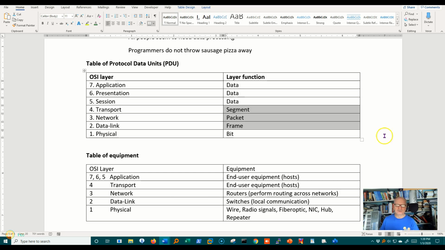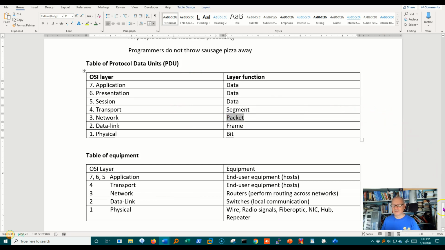Now, one more little bit of caution here. The word packet has become a popular generic term for these chunks of data. Now actually the word is a PDU, or protocol data unit. That's the generic term, but in popular usage we often use the term packet.